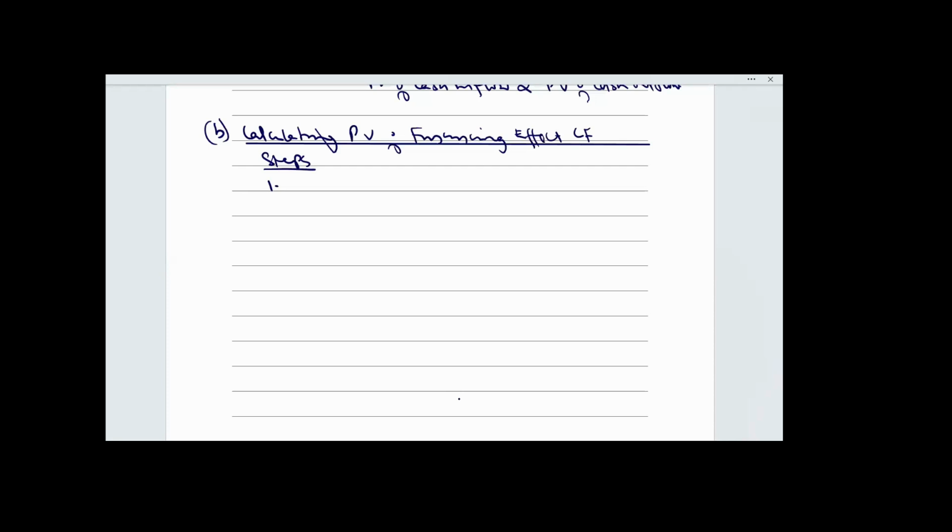So the first thing is to ascertain whether you want to use cost of borrowing, that is normal borrowing rates, or risk-free rate of return.